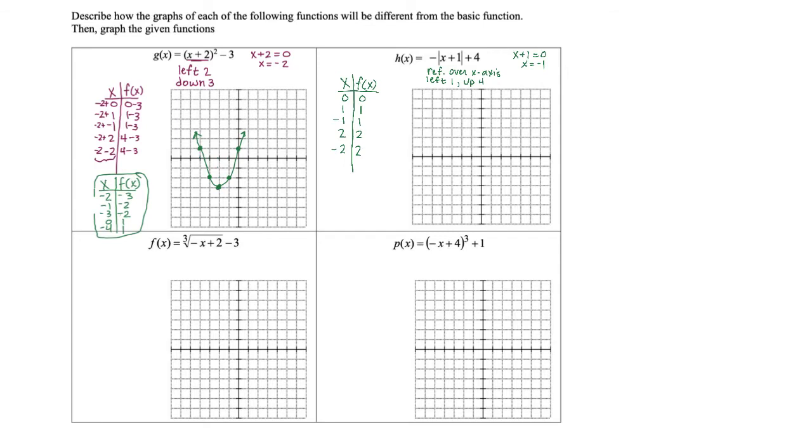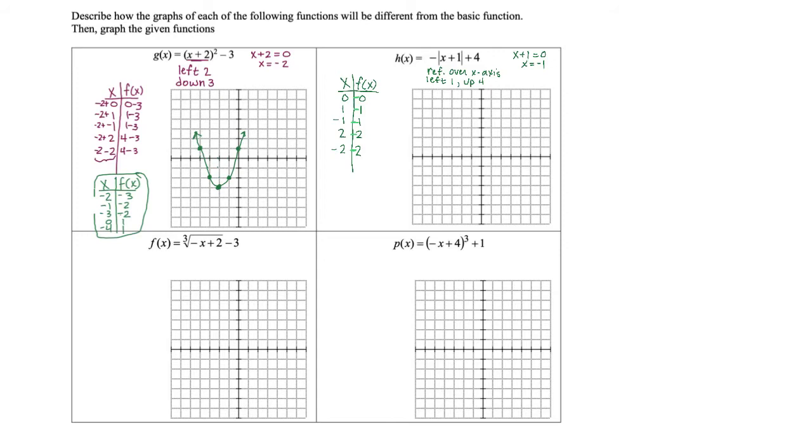So let's go make some changes to our t-chart and see what we can do with it. So let's see. Reflect over the x-axis. So that means that our y values are going to become negative or change their signs. So we're going to change all of those signs. There, we've reflected over the x.